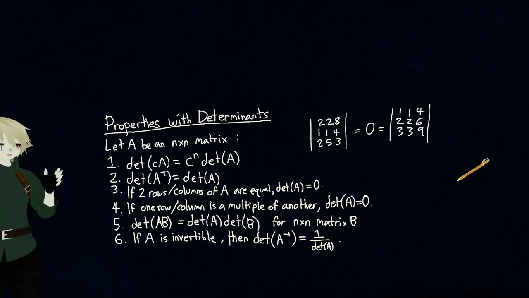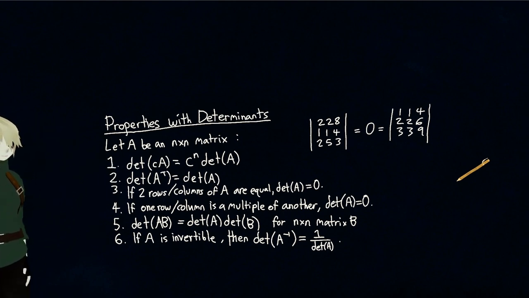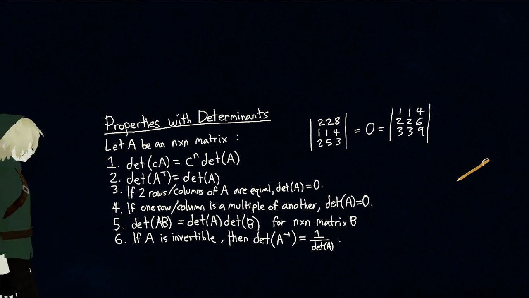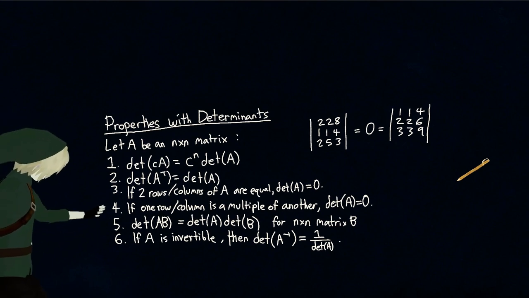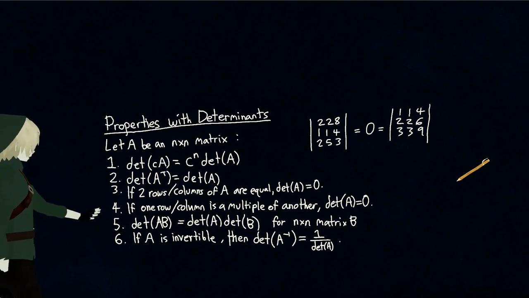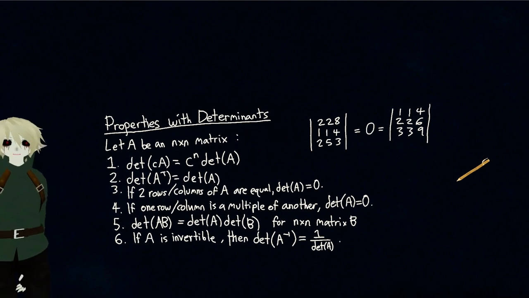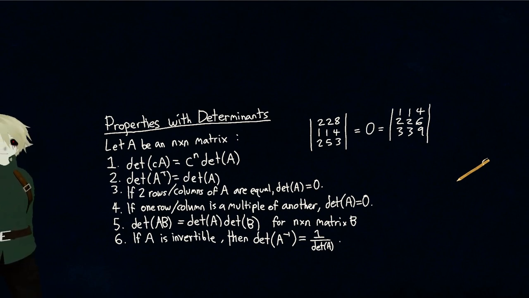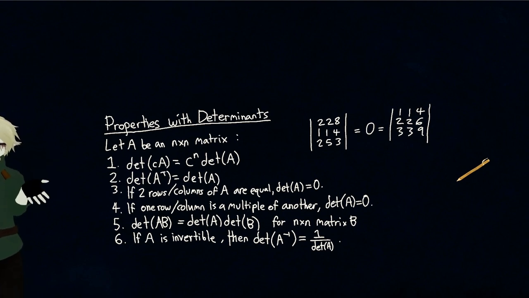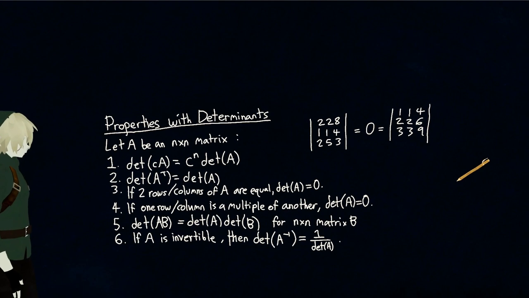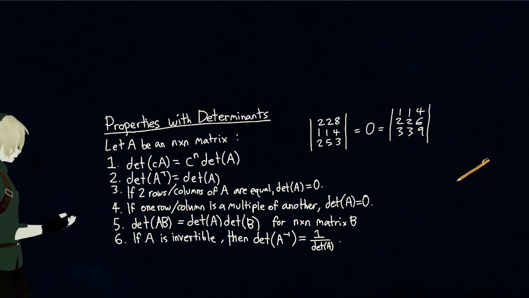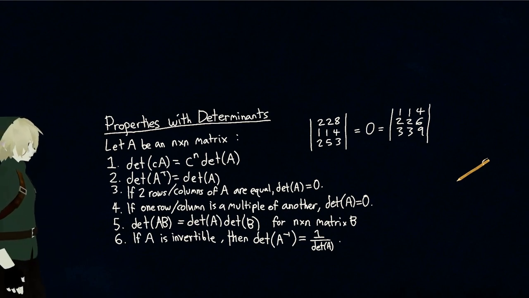Transpose it. Oh, now it's 2 columns that are the same, 2 rows are the same. Still equals 0, the determinant. Okay? And then 4 is technically the exact same thing as 3. It's just that one of our 3 legal actions says you can have a multiple. If a row is a multiple, you can divide it. You could divide that row by any non-zero number, or multiply with any non-zero number.